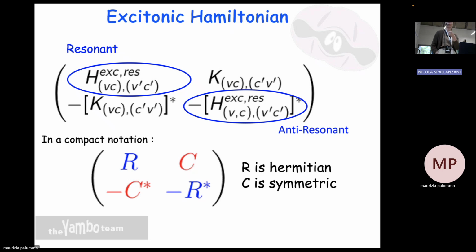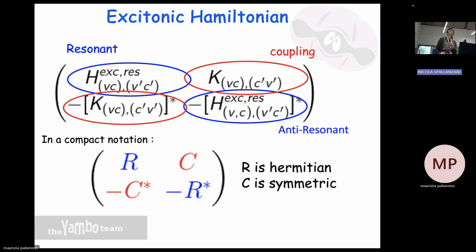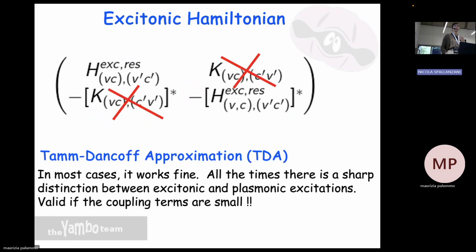Okay, so what you will do in the tutorial at the end is assume that this part, the coupling, the non-diagonal part in the transition space, is small. This generally works well for extended systems. For solids, it is a very good approximation. It's not so good for molecules or low-dimensional materials in some cases.